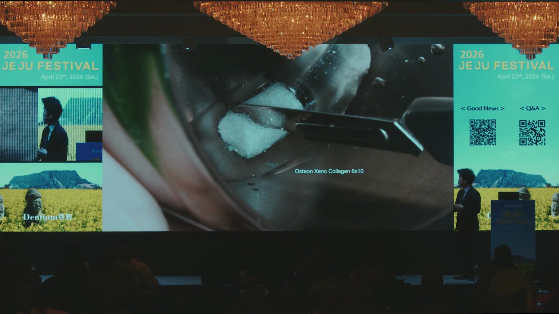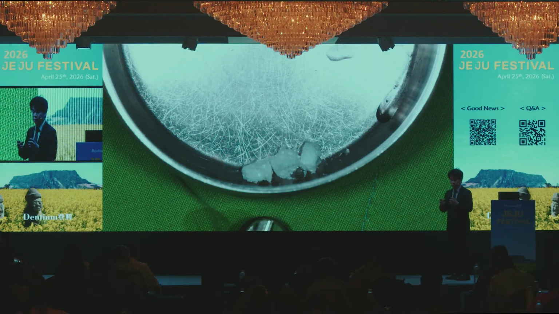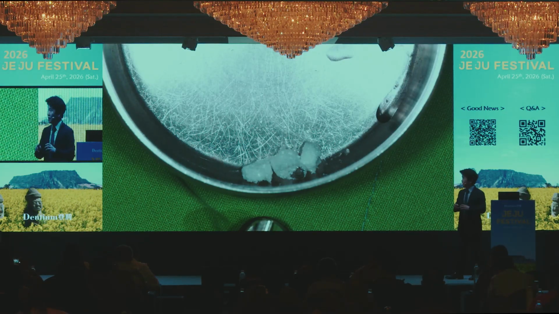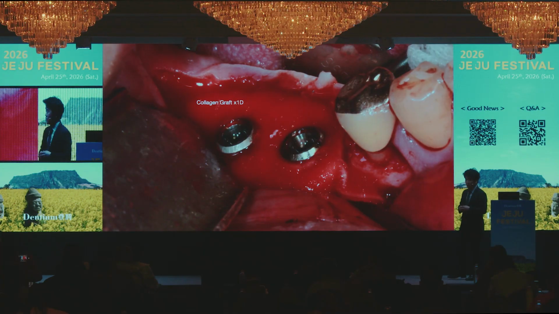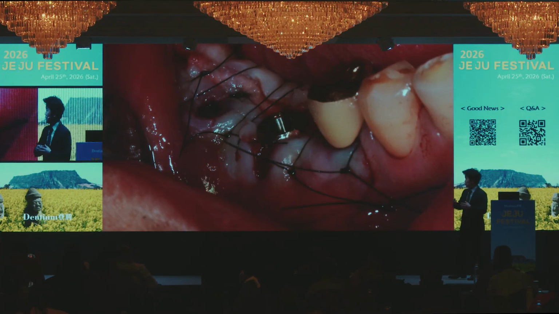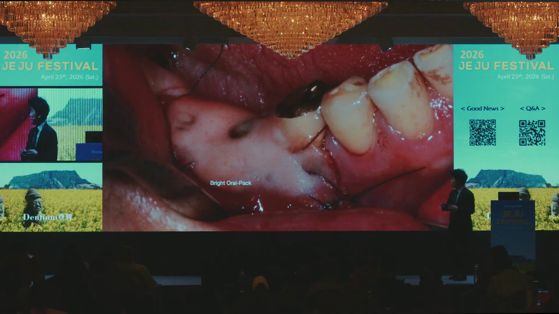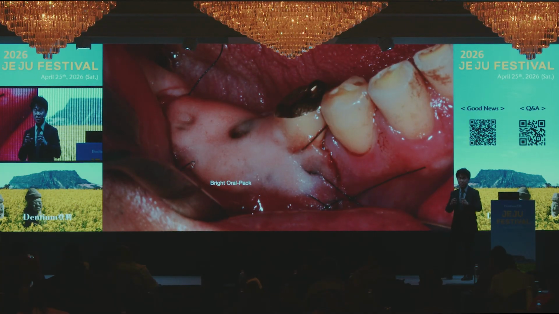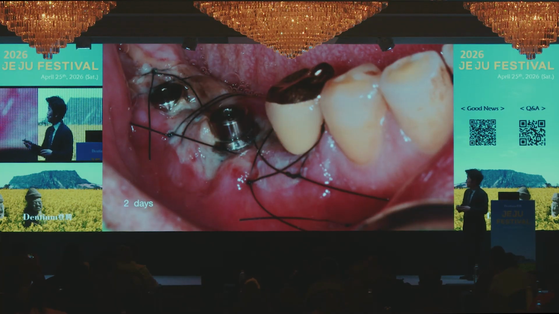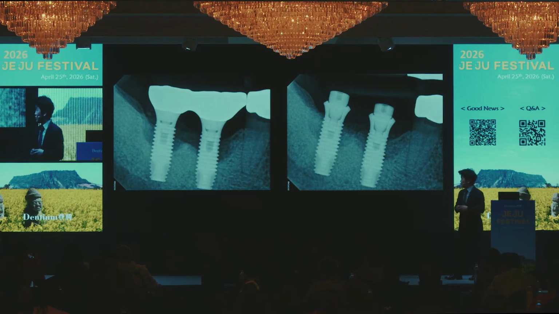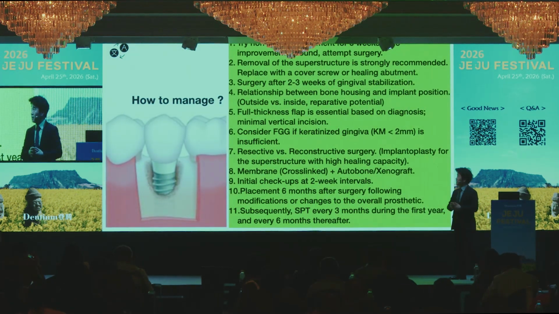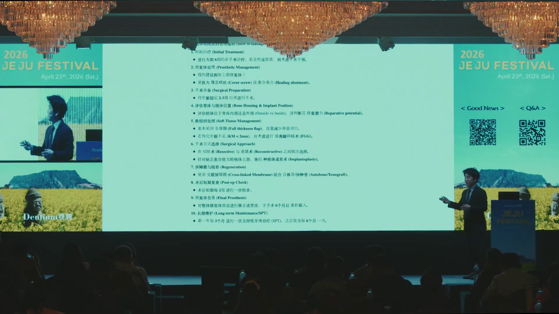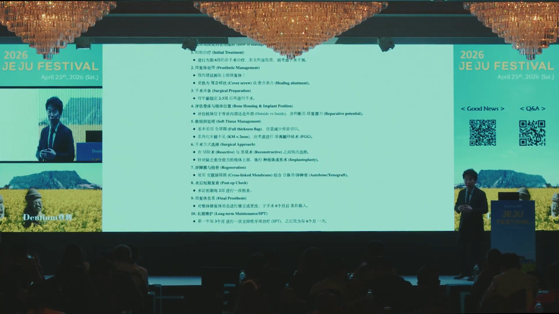The osteogenocollagen is helpful for stability, and then apply. After that, collagen graft 1D covers and suture. Sometimes I use an oral pack for initial stability, and then 2 days of healing. So this is a summary of my lecture, and this is also translated by Google Translator for you.